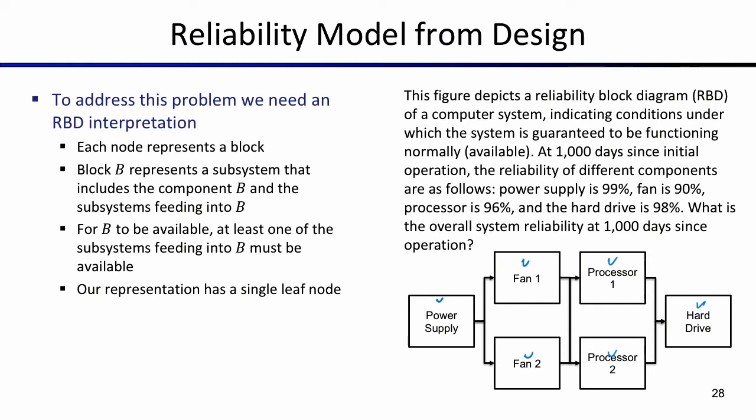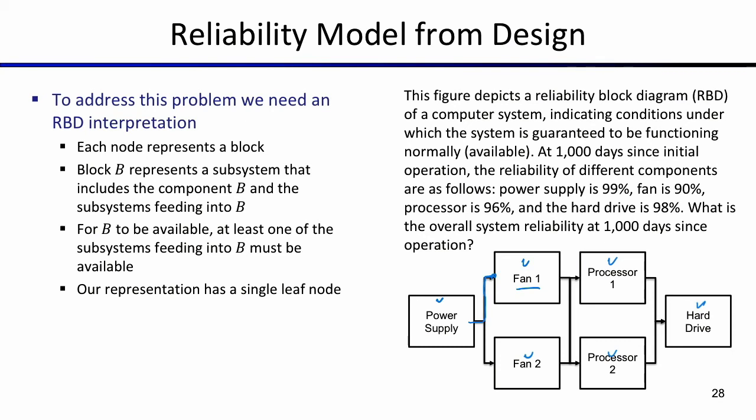The interpretation is that a block B represents a subsystem that includes the component B and also the subsystems that are feeding into B. So for instance, fan 1 is a subsystem that includes fan 1 and also the power supply, because the power supply is feeding into fan 1. The same thing for fan 2. And for processor 1, because the two fans are feeding into processor 1, processor 1 will be composed of processor 1, the two fans, and the power supply.